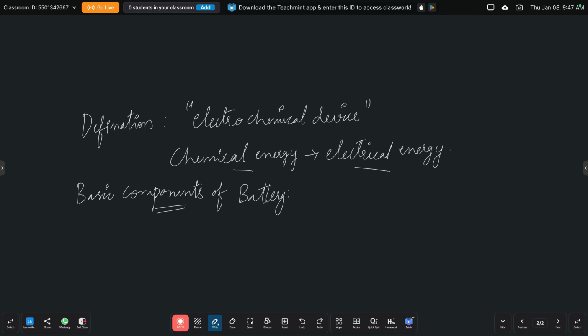It consists of one or more cells connected together to supply the required voltage and currents. So every battery mainly consists of 5 parts.